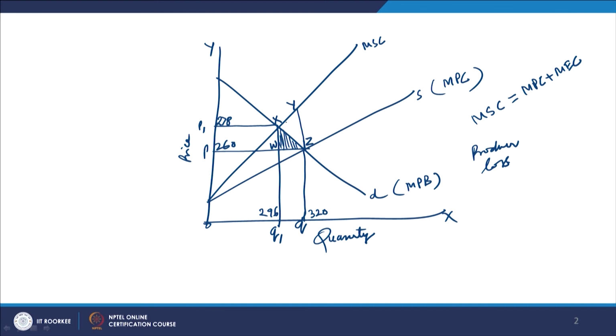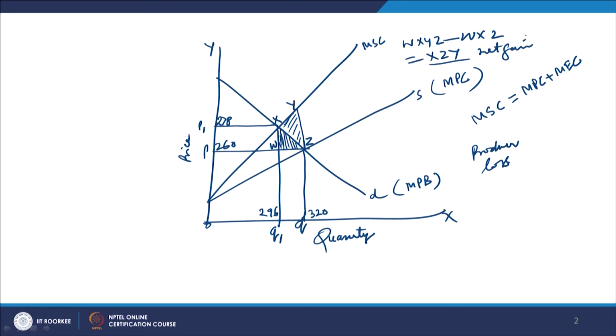But WXYZ is the overall gain to the society. So, when you take WXYZ minus WXY, then you will get XYZ, that is the net gain to the society.